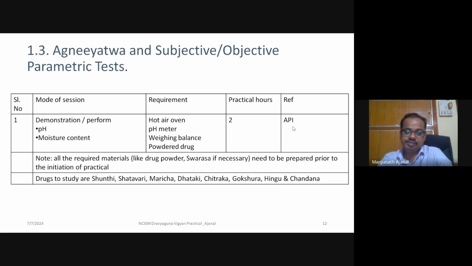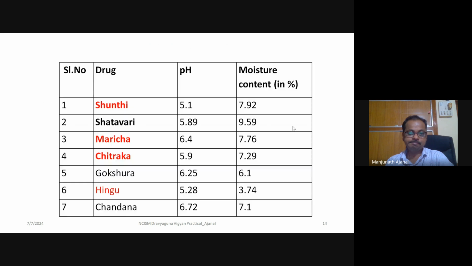Here the pH examination of the drug needs to be taken in a 1% solution of the powder. The drugs to be studied are Shunti, Shatavari, Maricha, Dataki, Chitraka, Gokshura, Hingu, and Chandana. So again, four Agni Mahabhuta and four non-Agni Mahabhuta. The results we obtained: Shunti pH is 5.1, Maricha 6.4, Chitraka 5.9, Hingu 5.8.